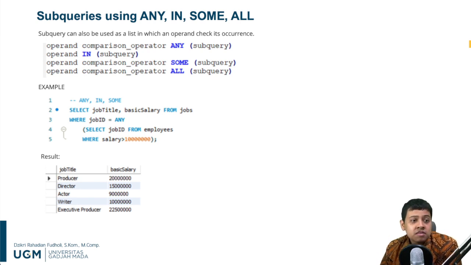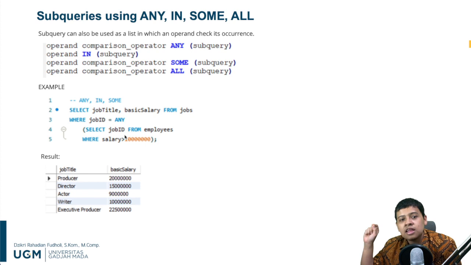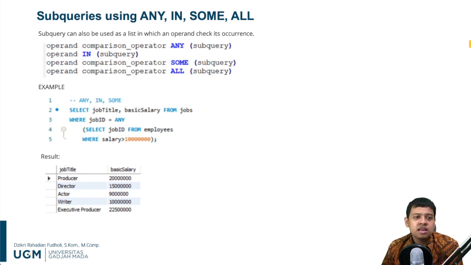There may be some 5 job IDs that have a salary more than 10 mil. And then we see here that job ID equals any. The comparison is that we want to match any job ID that matches on this select. So that's the any function, and what matches here gets outputted.